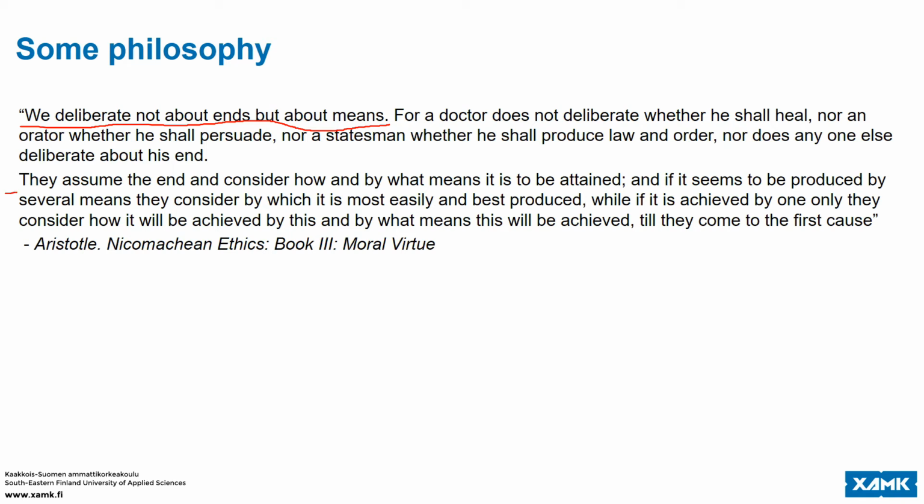They all assume the end and consider how and by what means it is to be attained. So what Aristotle means here is basically we only consider how we are doing things or how stuff works until we have a working solution.